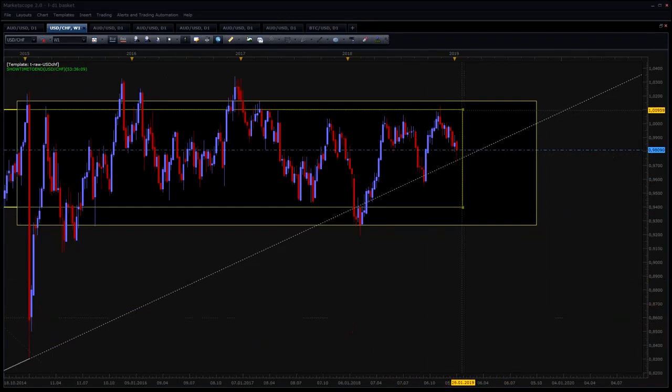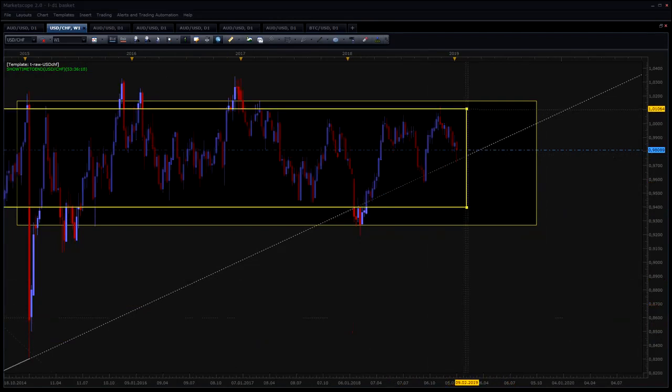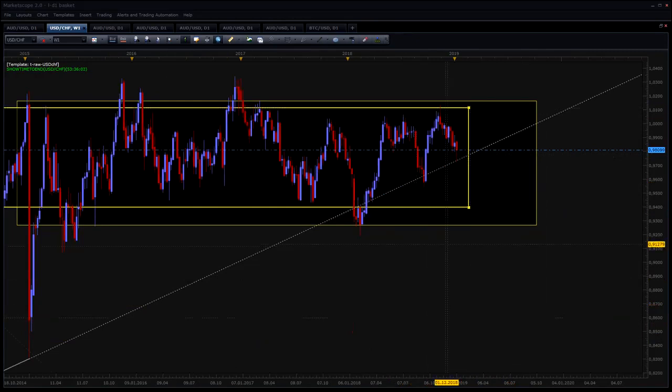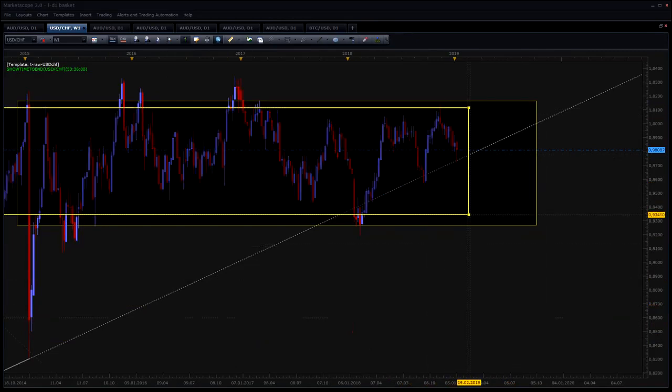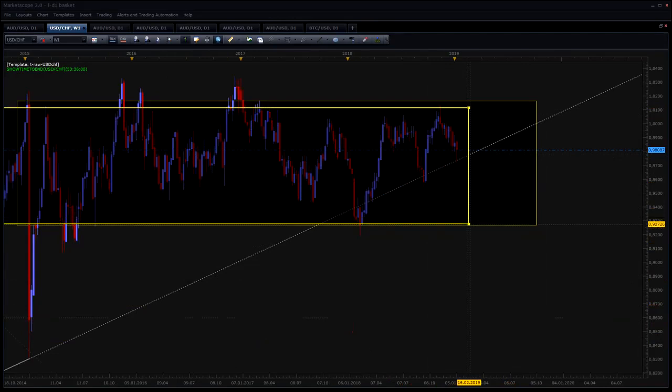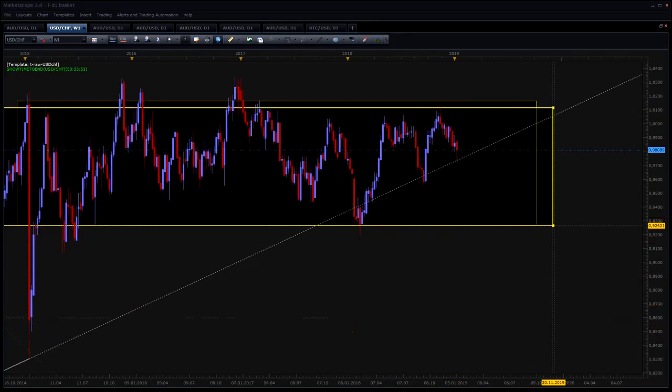We can do it like this. Just so we know there's two of them. We'll see what it does, whether it bounces off of the uptrend line and starts to move upwards.